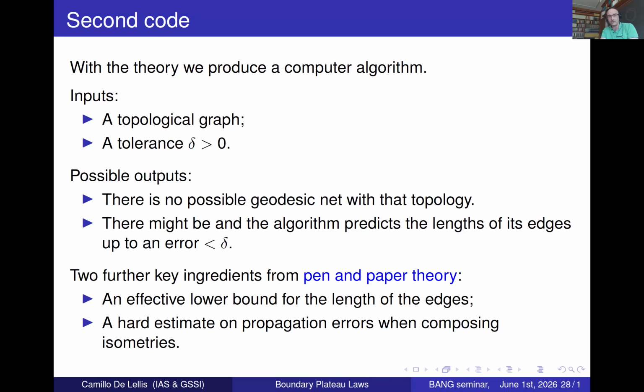Another important point is a hard estimate on the propagation of errors when you're composing with these isometries. I told you that the closing condition of a general polygon is equal to the composition of a certain family of isometries being equal to the identity. Now, the algorithm doesn't know exactly these isometries.